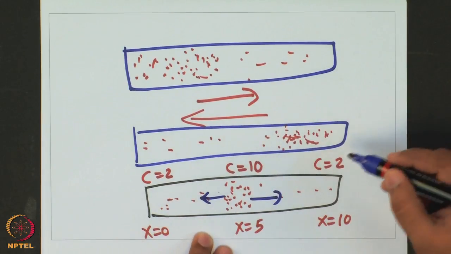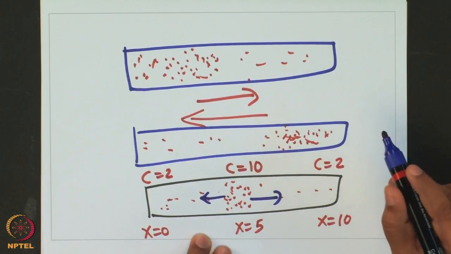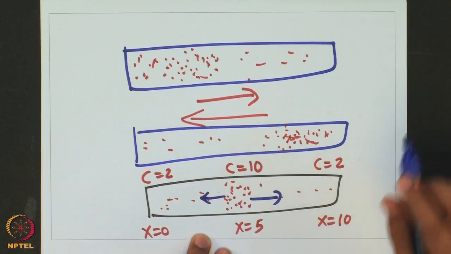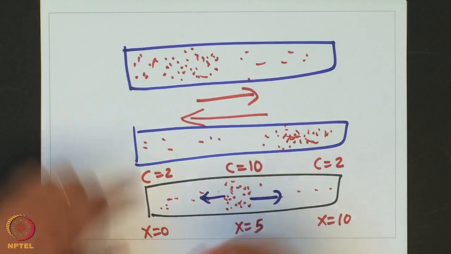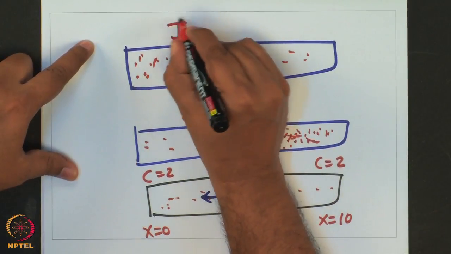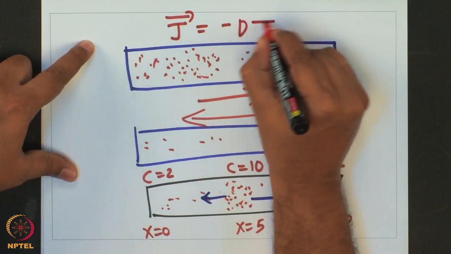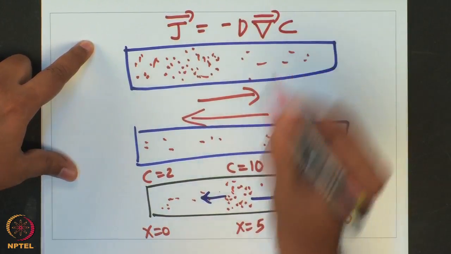All of these three different situations should be describable by just this one equation which we just said, which is that the flow with a particular direction is minus D del c.